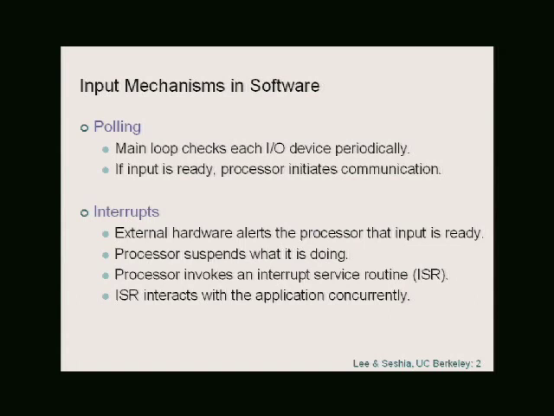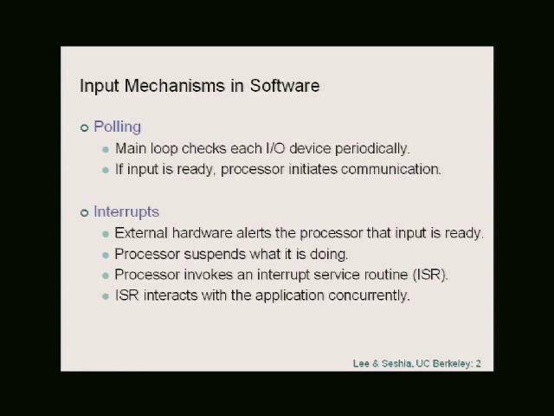Today we'll talk about interrupts. Interrupts are an asynchronous mechanism for the I/O device to let you know when it's ready. Typically, there's some kind of external hardware that may raise a voltage on a pin that lets the processor know that an interrupt has been raised.